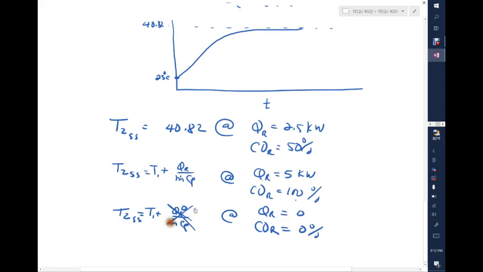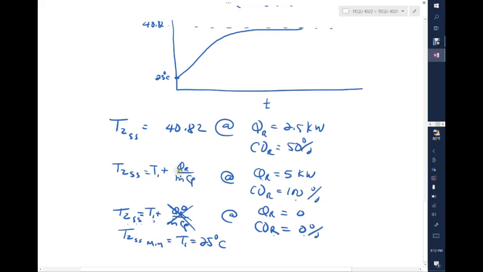It means that T2SS at COR 0% will stay the same, so there's not going to be any increase in temperature. T2SS will be T1, whatever the temperature getting into the vessel is, which is about 25 degrees. So you can say that T2SS minimum is T1, which is equal to 25 degrees C.